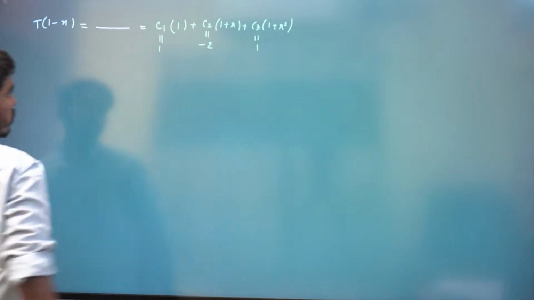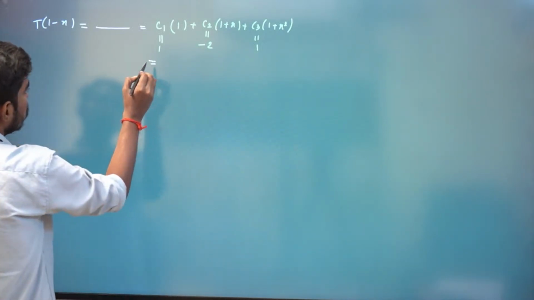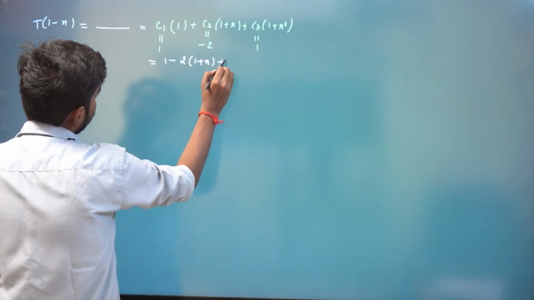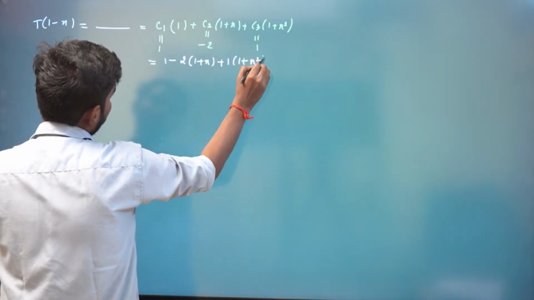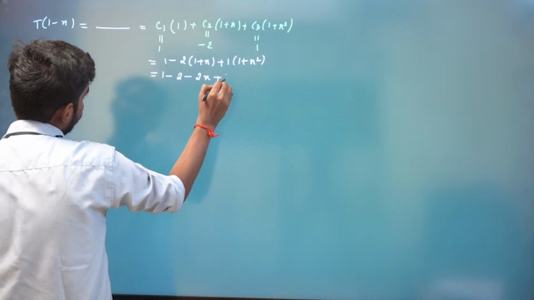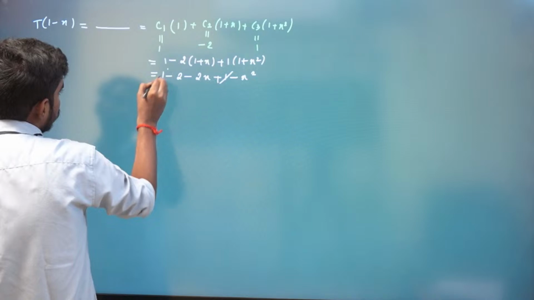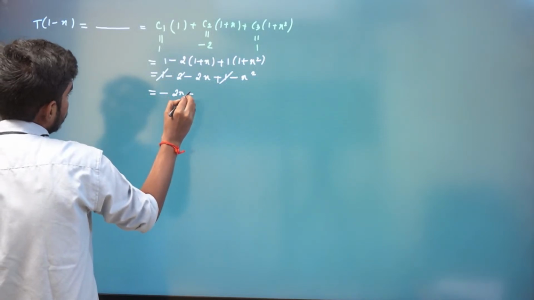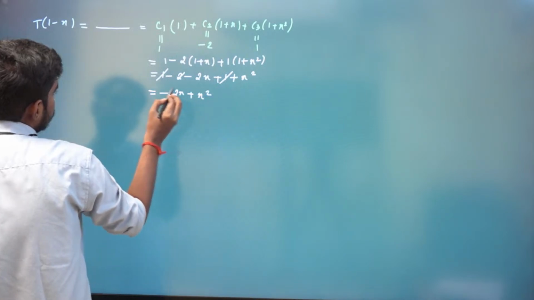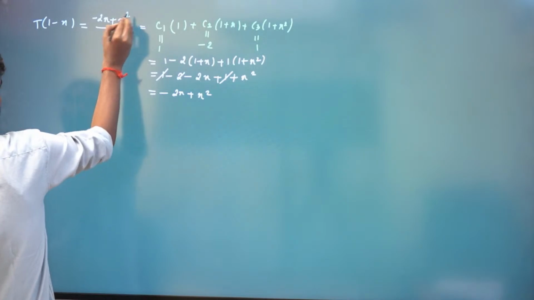Yes or no? So that means your T of 1 minus x has to be equal to 1 minus 2 into 1 plus x plus 1 into 1 plus x square. So 1 minus 2 plus 1, minus 2x plus x square is the output for 1 minus x.